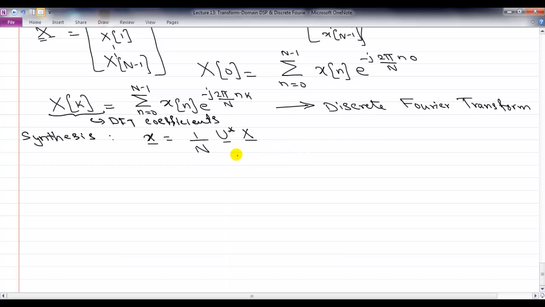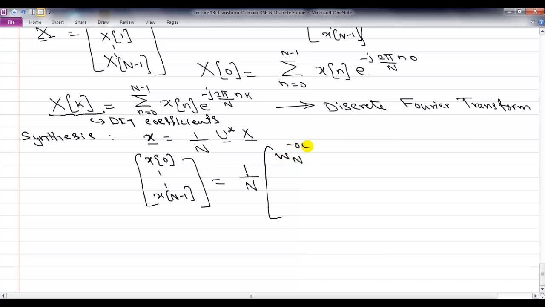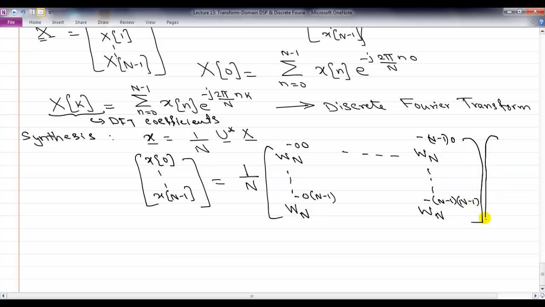So if I think of it that way, then I have x0 up to x(N-1) equal to 1 over N times the matrix with entries W_N to the minus nk, from W_N minus 0,0 up to W_N minus (N-1),(N-1), times X0 up to X(N-1).